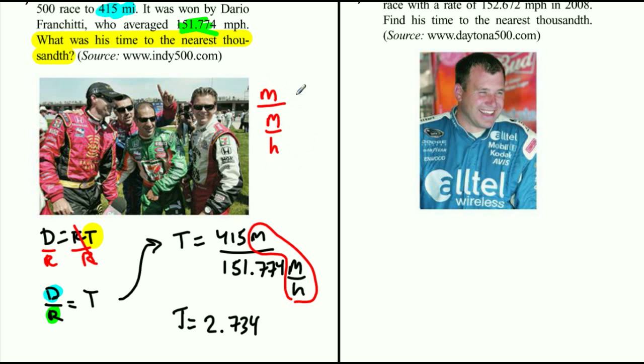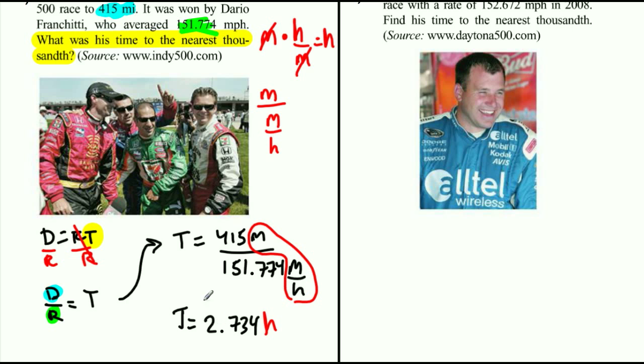Okay, so the way that this works is we keep our numerator m, and then when we divide by a fraction, we're gonna change the division to multiplication, and then we're gonna flip this right here, h over m. So if we have m times h over m, well, the m's just cancel out, and I'm left with h. So our answer here should be h.